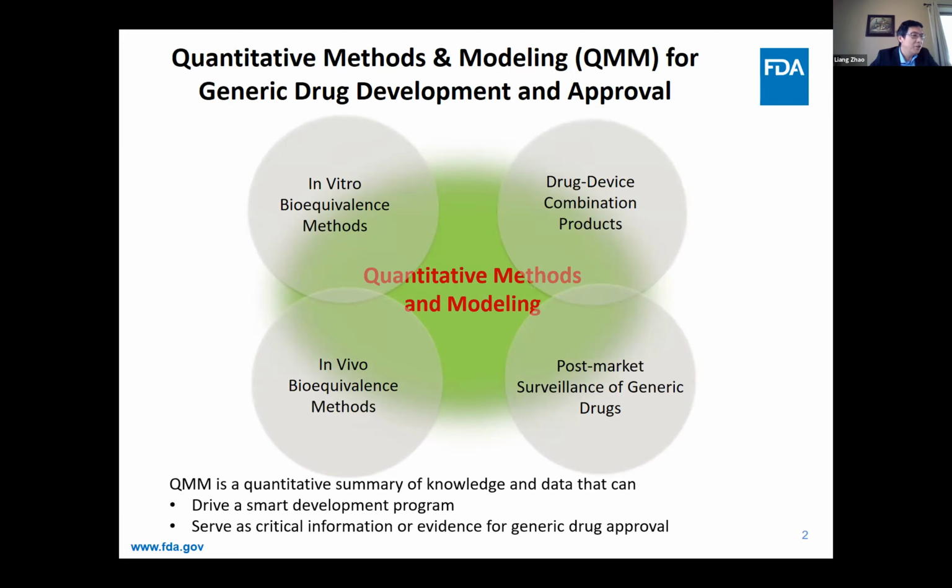By taking advantage of prior information that has been accumulated and characterized by models, we can use model-generated data as the pivotal information for drug approval. It's more like one step further from MIDD. Here, we are talking about using model-generated data as pivotal information for drug approval, rather than to inform drug development and design. I will illustrate the point in the following slide.